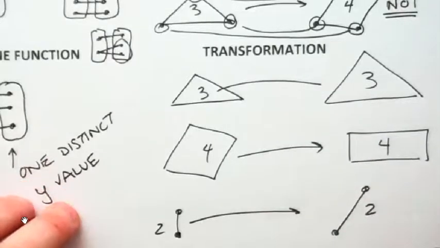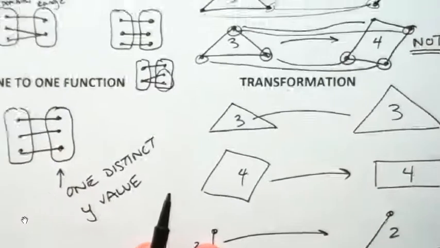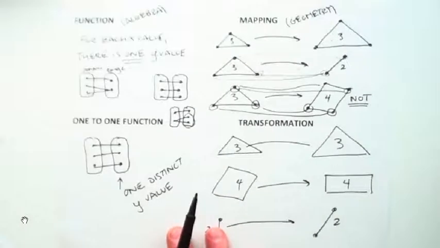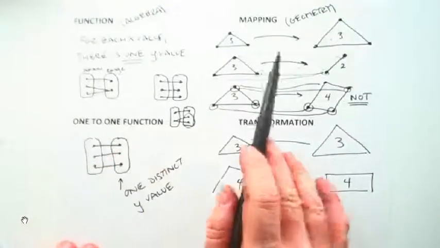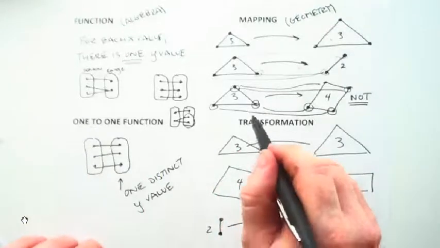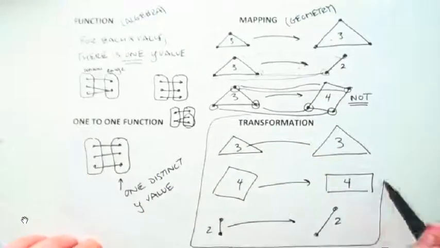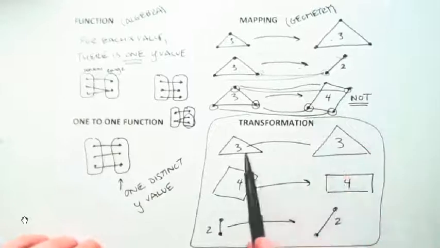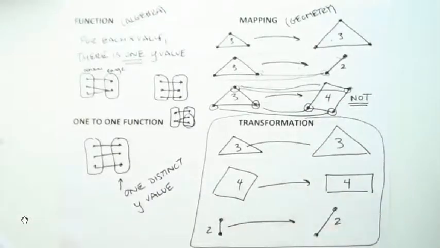So this lesson was based off of the idea of the 4 different terms. Function is the same as mapping. One-to-one function is the same as a transformation. What is a transformation? It is where it's a one-to-one mapping. In other words, for every point you start with, you finish with a point.